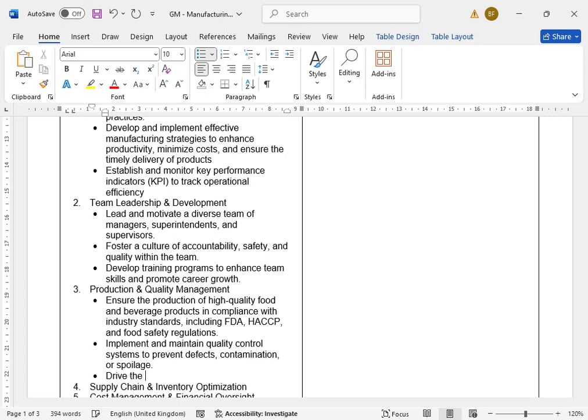Then the next thing that we're going to do is drive the implementation of lean manufacturing, implementing Six Sigma, DMAIC: define, measure, and things like that.